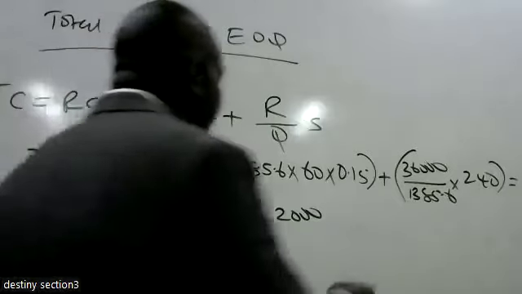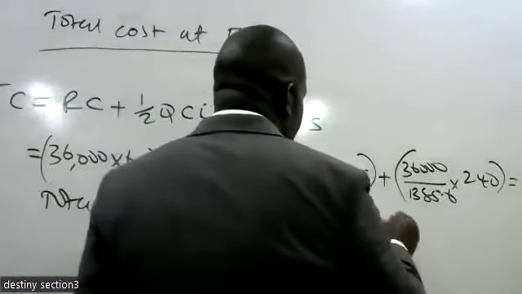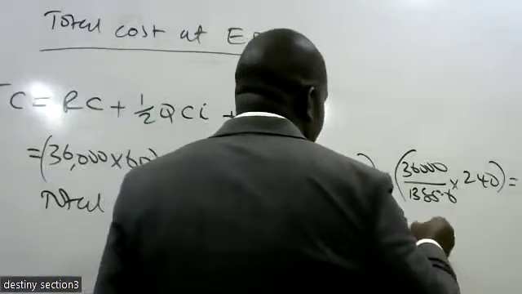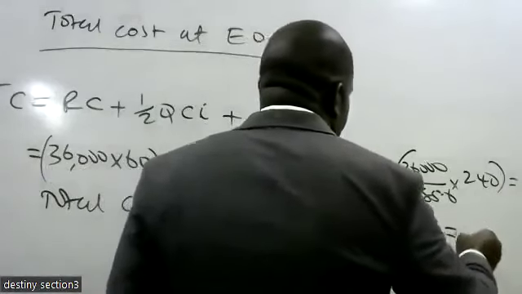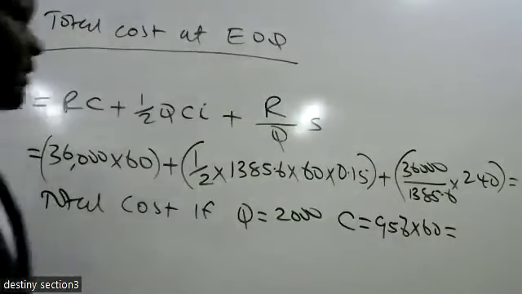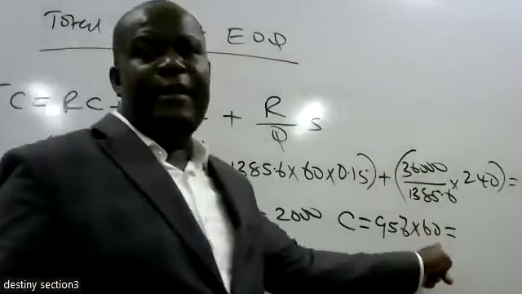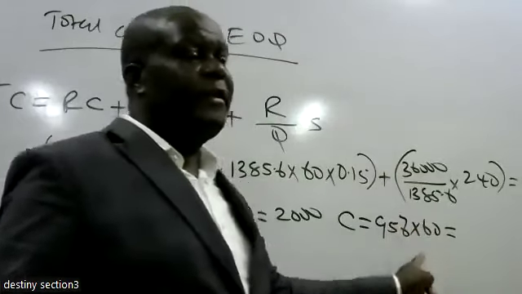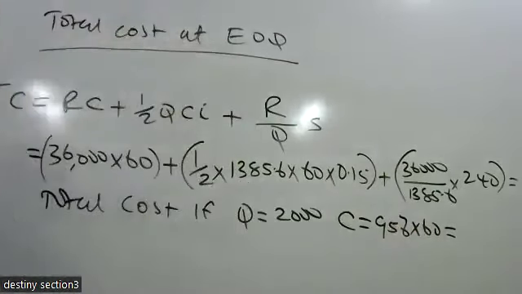So discount affects the C. So C gets 95% of the 60, because a discount is a reduction in the price. So if the price is 60 and they have given you a discount of 5%, so simply get 95% of the 60, which must be how much?